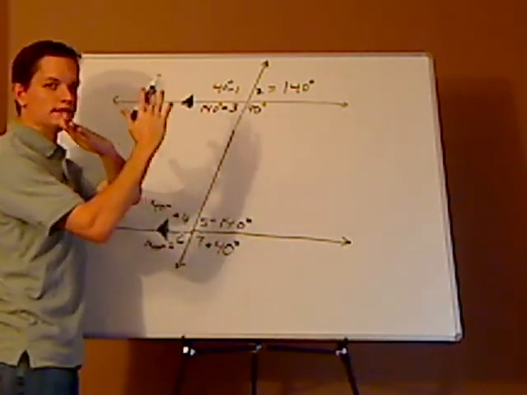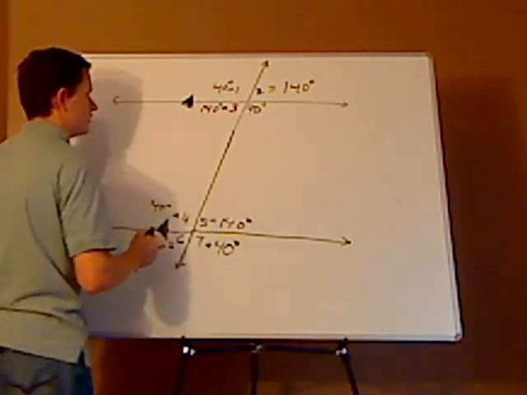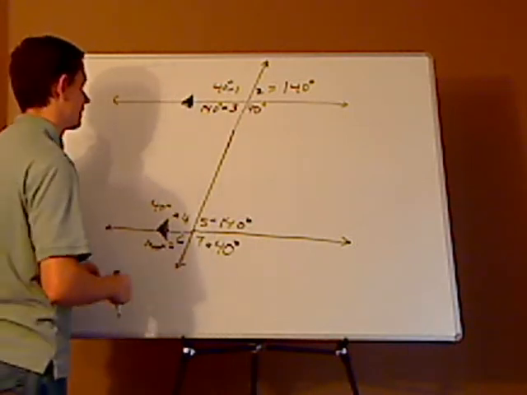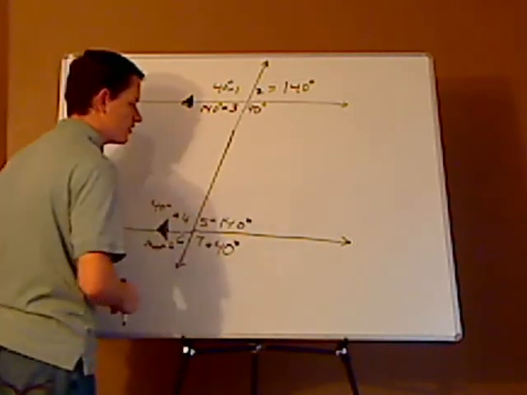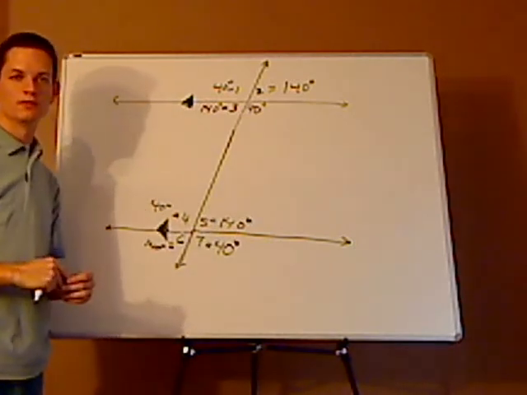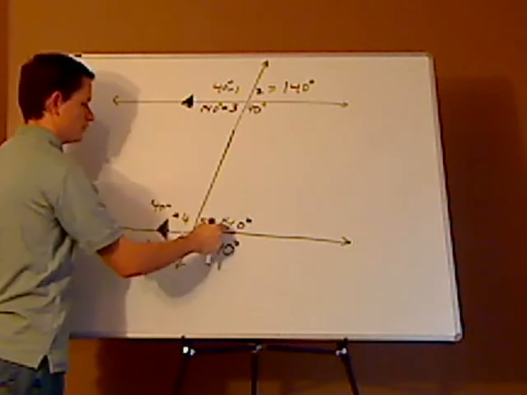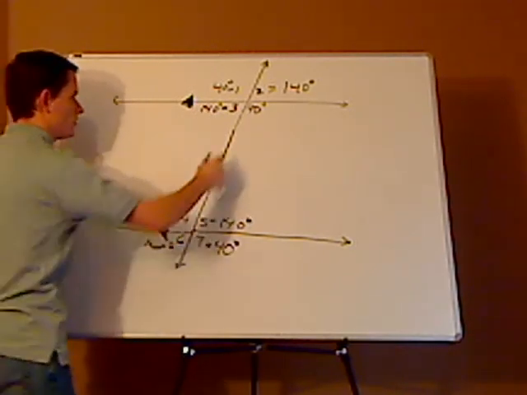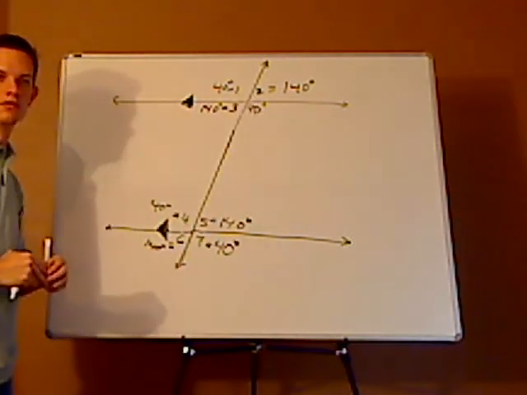If you have two lines intersecting, they're called vertical angles, the ones that are opposite each other, and those are always congruent. Now, if they're same side interior angles, they're going to be supplementary. If they're alternate interior angles, they're going to be congruent. Same thing with alternate exterior angles. You see that? Those are going to be congruent as well.